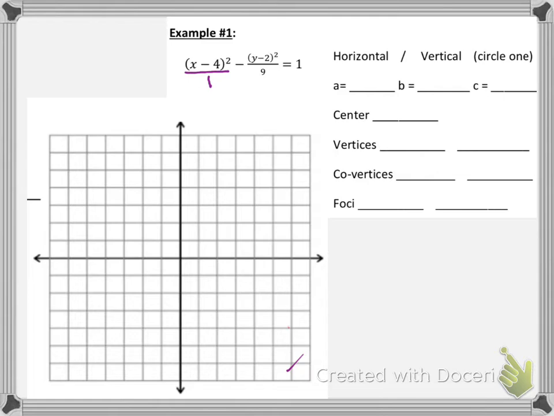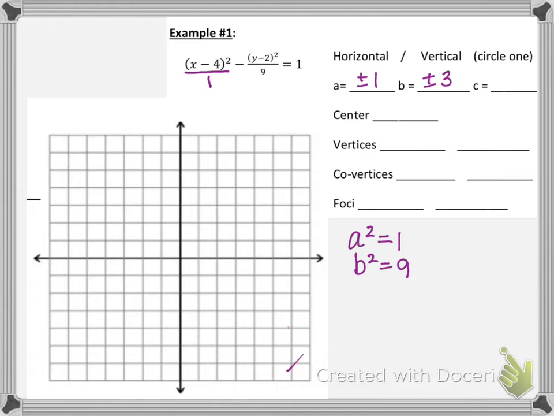So we know that a squared equals 1. If I square root both sides, I'm going to get a equals plus or minus 1. Therefore, b squared has to be the other denominator value, in this case 9, square root of 9, and I'm going to get plus or minus 3.